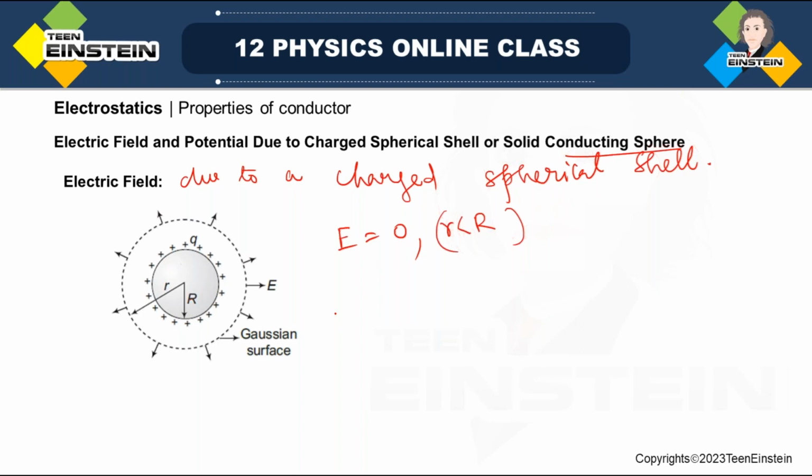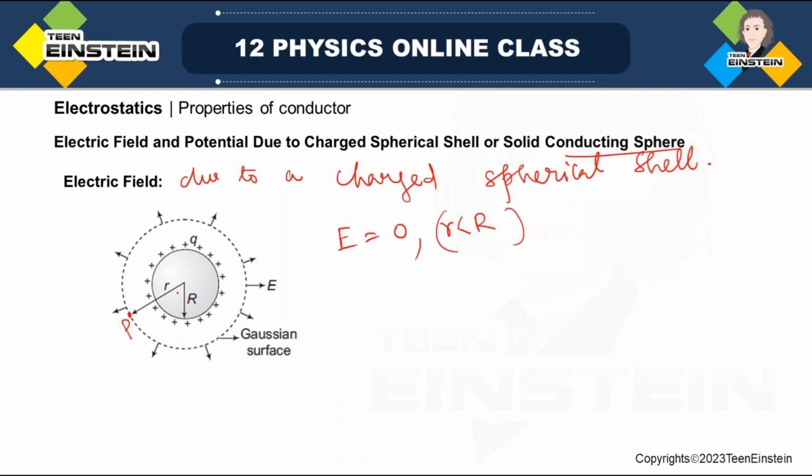Now what about the electric field outside? Suppose I have a point P where I am calculating the electric field due to this spherical shell, at any point outside the shell.